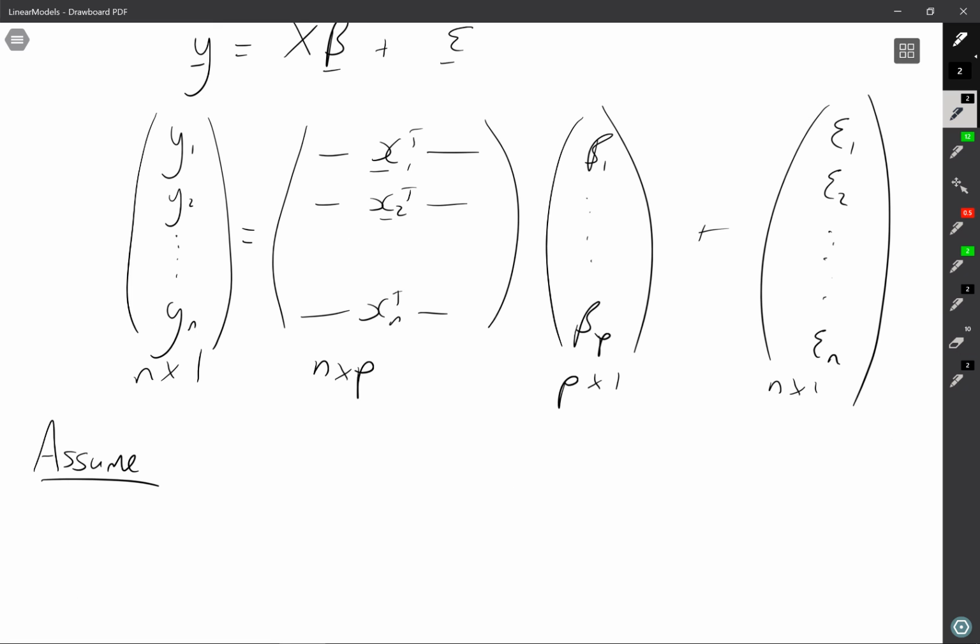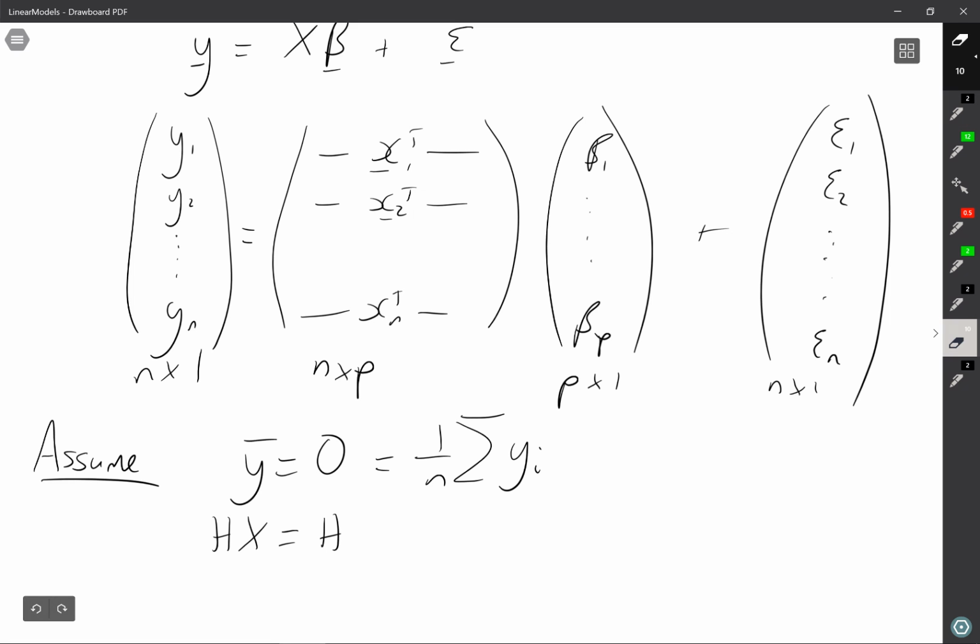So to make the presentation just a bit cleaner, we're going to assume that y bar is 0. Okay, so y bar is 1 over n times the sum of the yi's. So we've centered the data y, and we have column centered the x's, so that Hx equals x, i.e. x has been column centered.